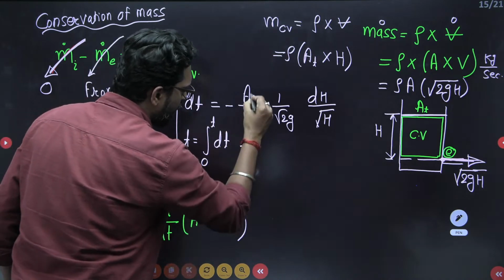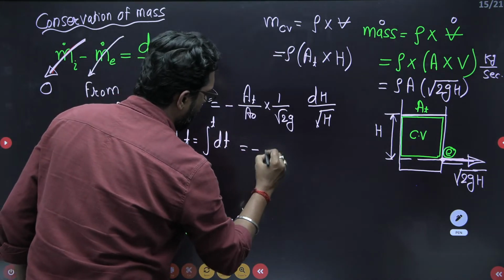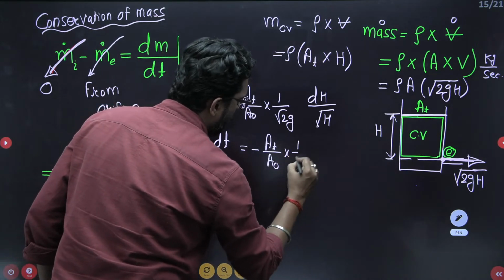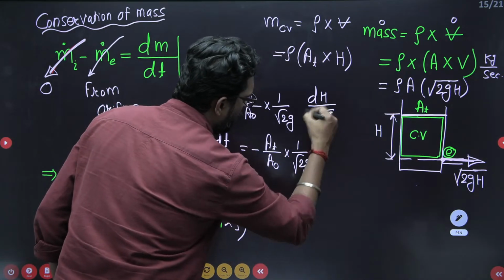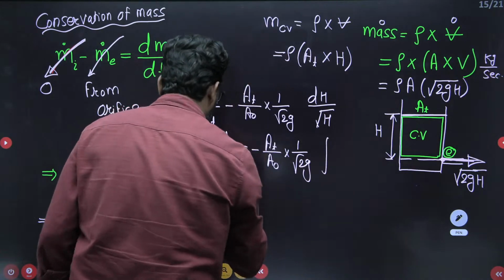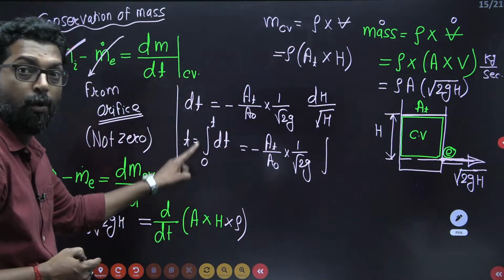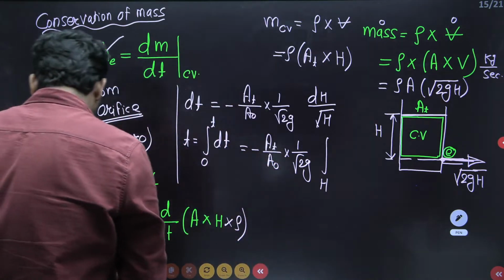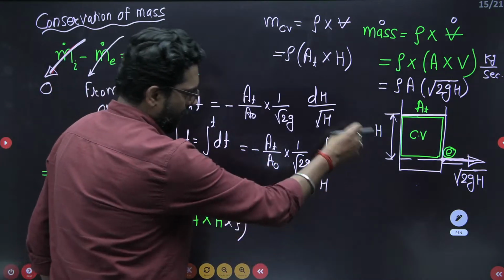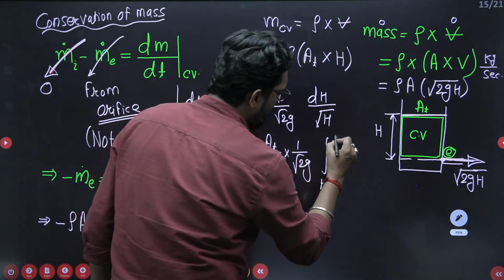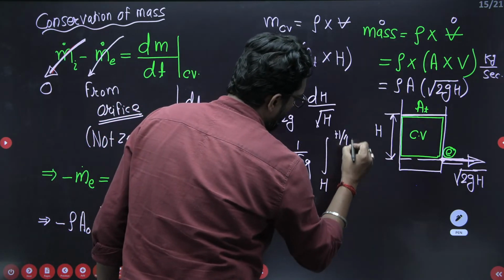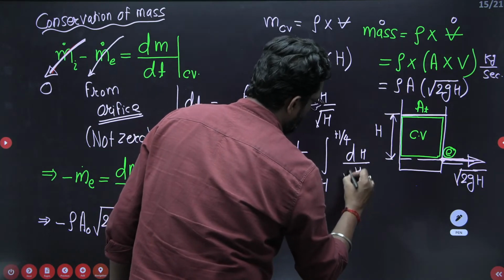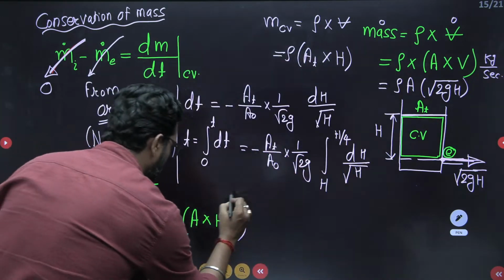This is constant, this is constant: A top by AO into 1 upon root 2g. You integrate over the height. At time 0, what is the height of this level? H. At time t, how much is h? H by 4. So dh by root h.